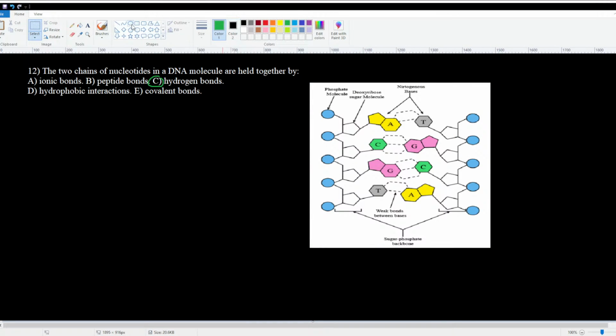So let's look at what's going on here. These blue portions represent the phosphates. The phosphates are what link together nucleotides. A nucleotide has three primary components.